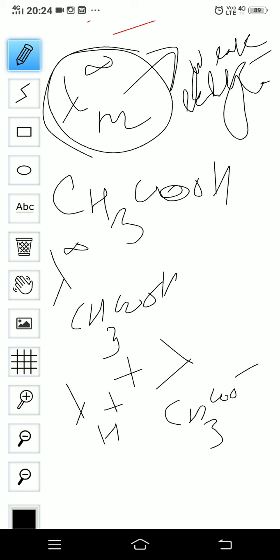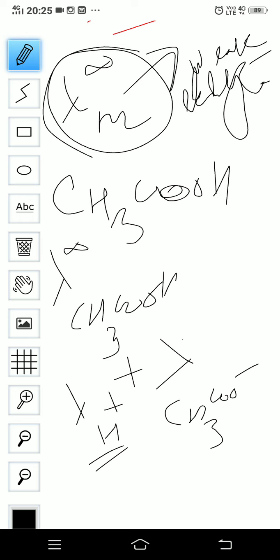To be noted, when I am writing the lambda values here, I will not give the infinity sign, because it is only for the electrolyte that is to be denoted. I cannot determine this, because the H plus value I know, but what about the CH3COO minus value? That value I don't know.